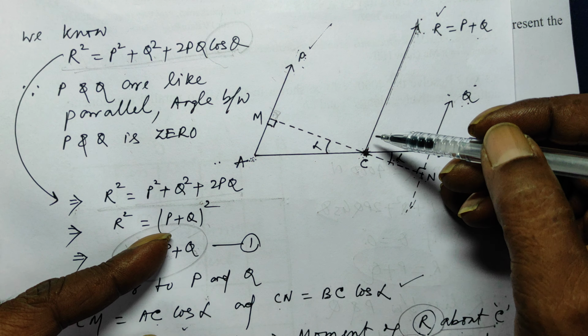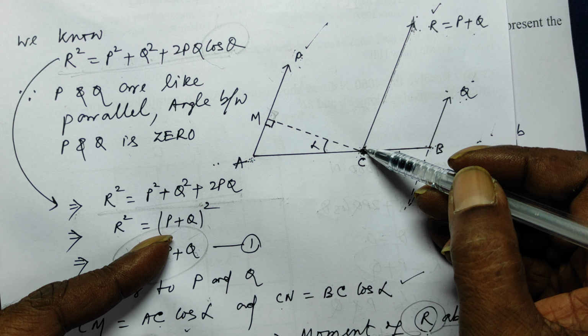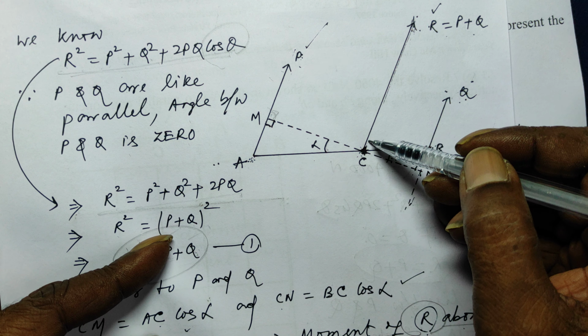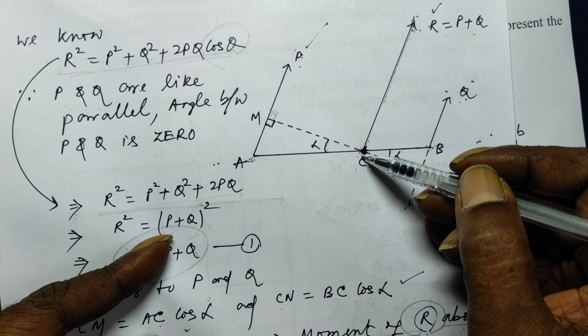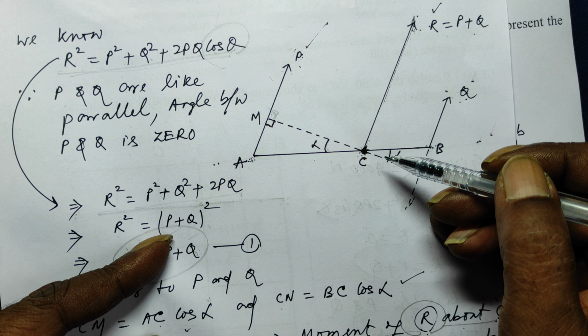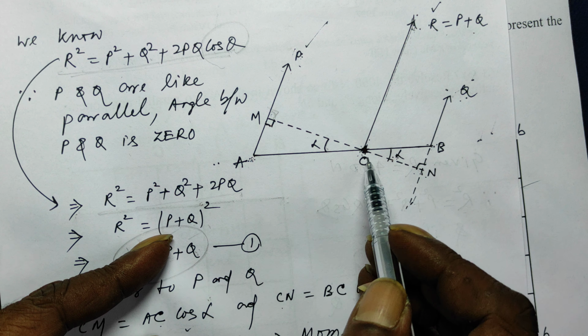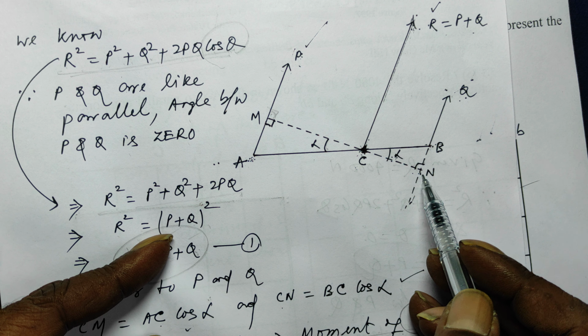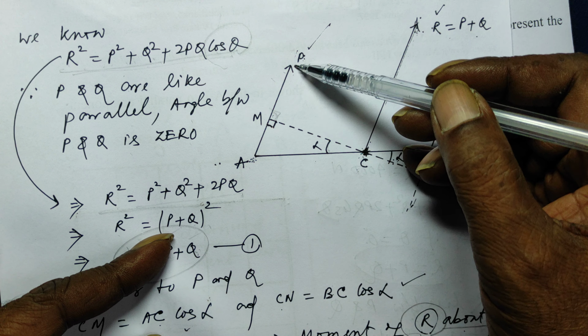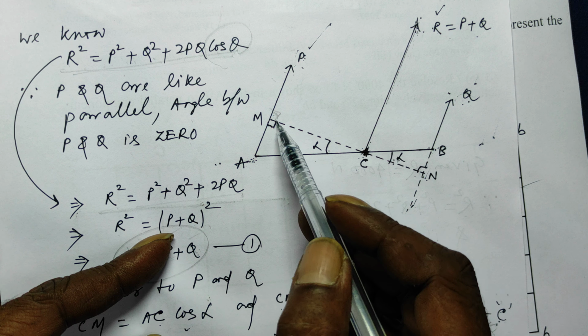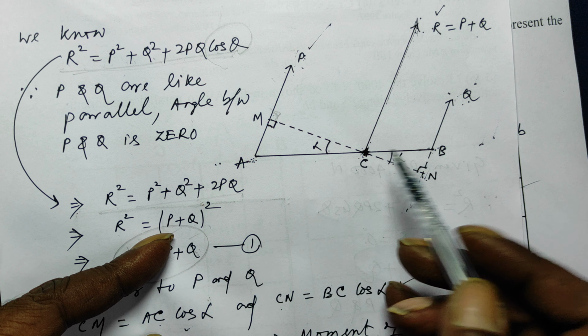The moment of R about point C is 0, because the line of action of R is passing through C, so it doesn't have a perpendicular distance. The line of action of Q is at the perpendicular distance CN from C, and the line of action of P has the perpendicular distance MC.